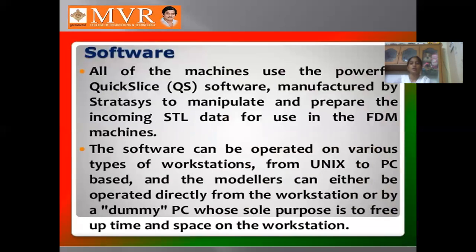The software used for fused deposition modeling is used to manipulate and prepare the STL data for use in FDM machines. The software can operate on various types of workstations, from Unix to personal computers.